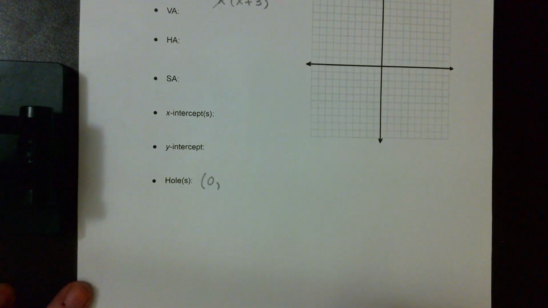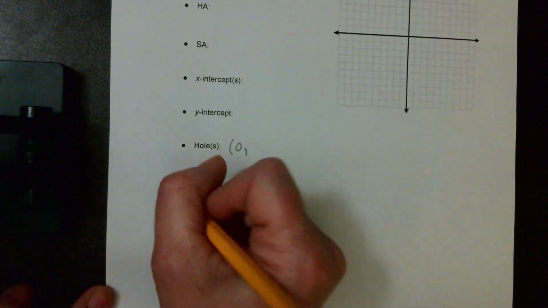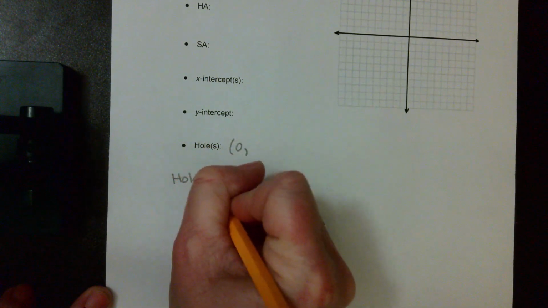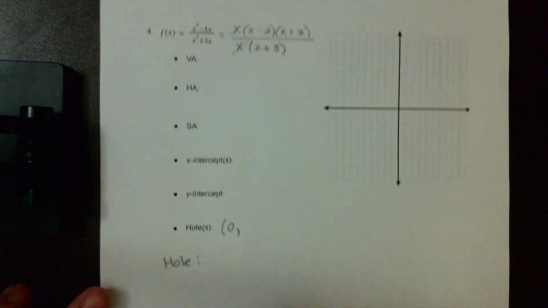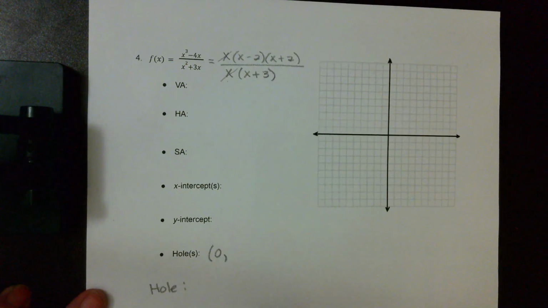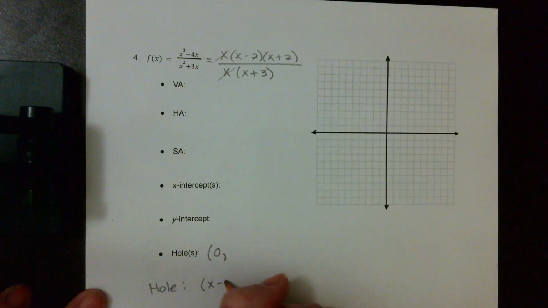And then we want to take a second and evaluate out of our reduced function. So for my reduced function, I would have x minus 2 times x plus 2 over x plus 3. So that's my f of x. That's my reduced function.